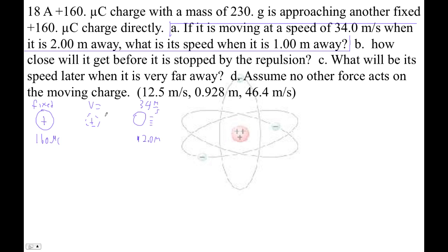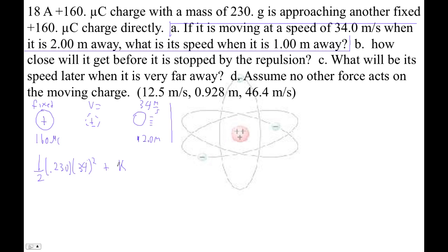When this mass is here, its total energy is 1/2 times 0.230 times 34 squared, and then its potential is K. Notice that this is not negative. The sign of this term will come from the polarity of the charges.